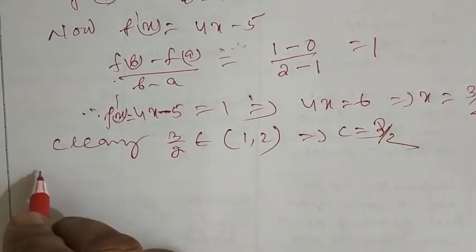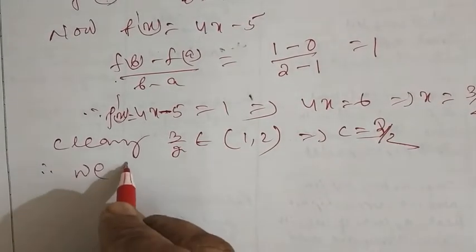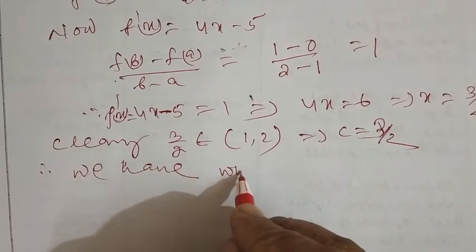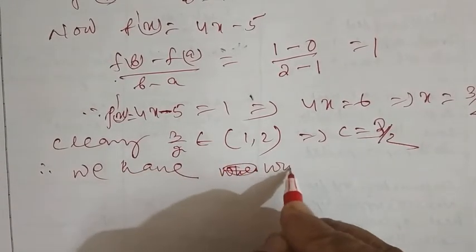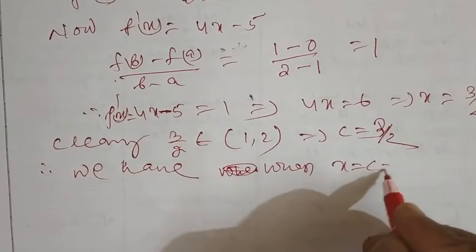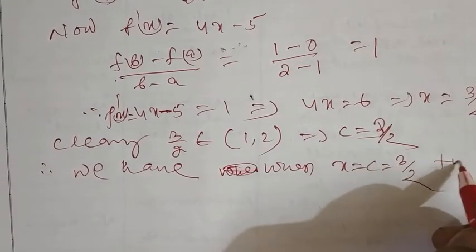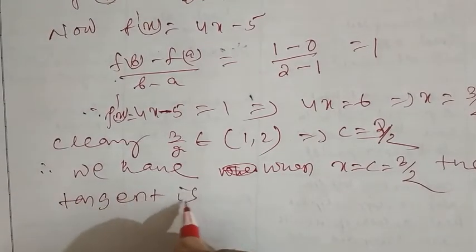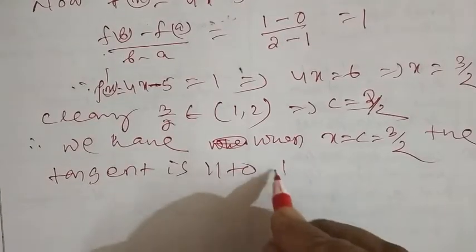Therefore, when x equal to c equal to 3 by 2, the tangent is parallel to the chord AB.